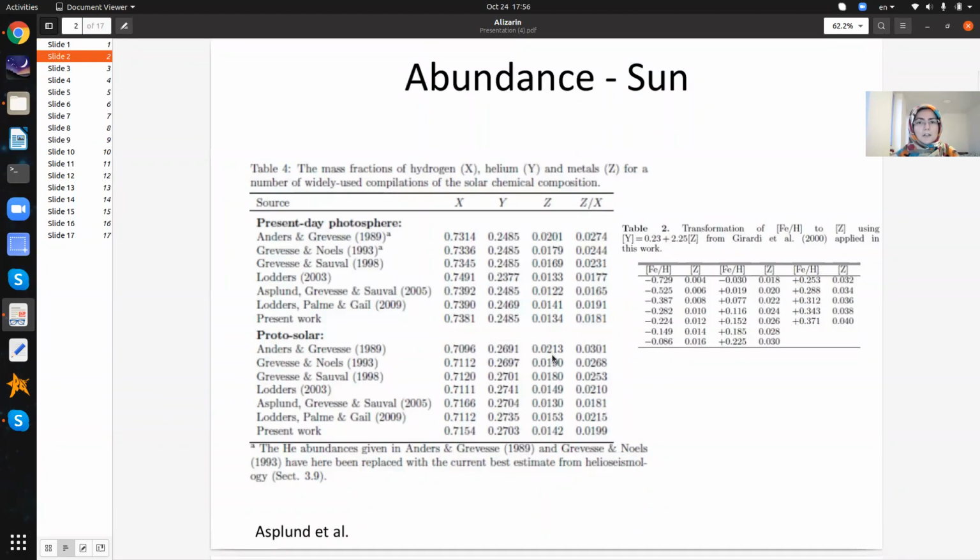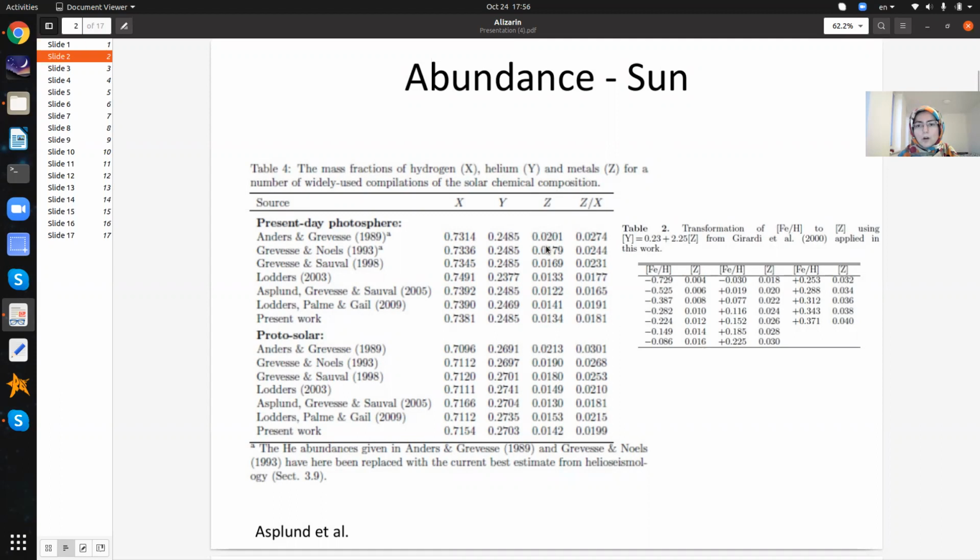You see in here, for abundance for sun, X, as I told you already, is represented for hydrogen. For our sun, we have 0.73 hydrogen. For Y, that we call helium, we have 0.24.